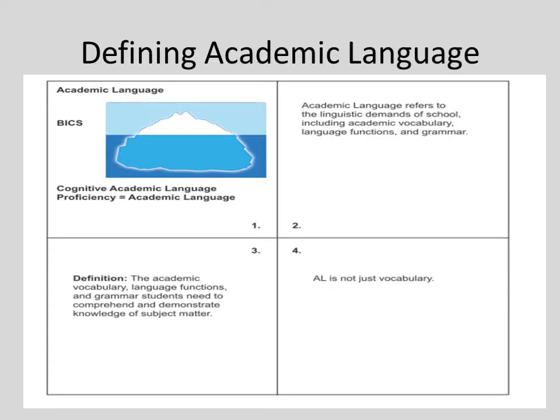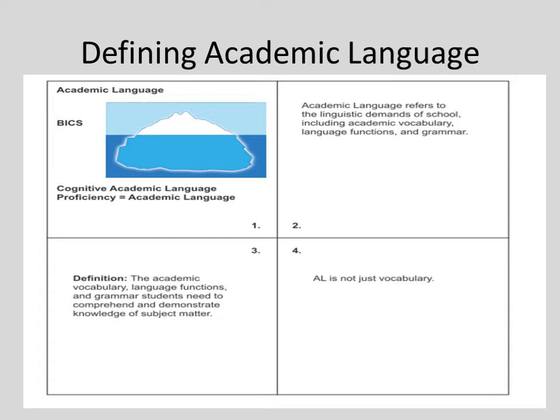So if you look at academic language in this 4-square model, we see that the BICS, if it's represented as the top of the iceberg, the CALP or the academic language is what's submerged under the water, which is again a much larger proportion than that BICS language. Number 2 has a sample sentence of how a student might write about what academic language is.